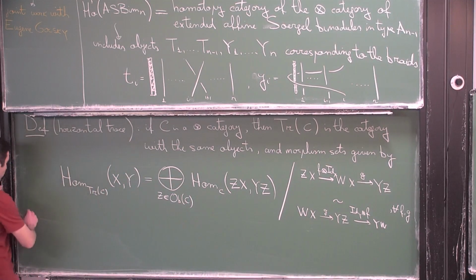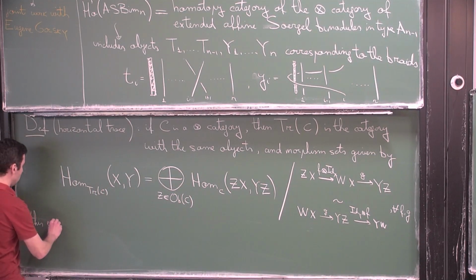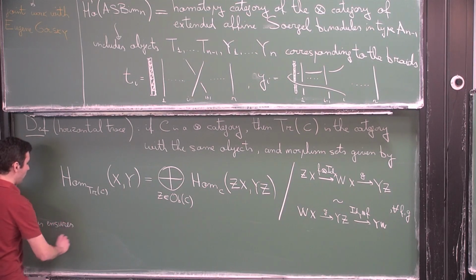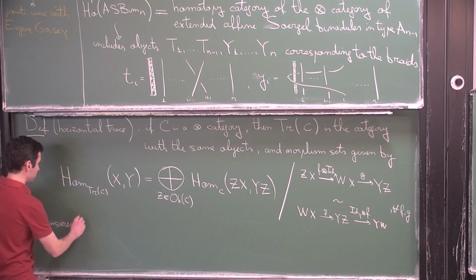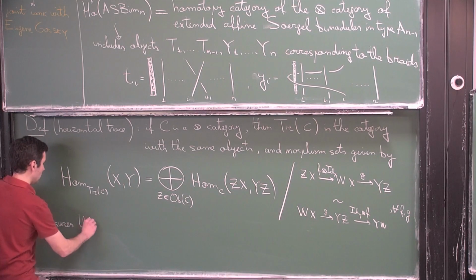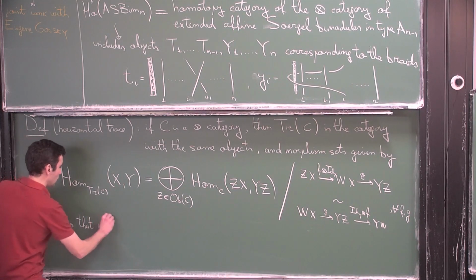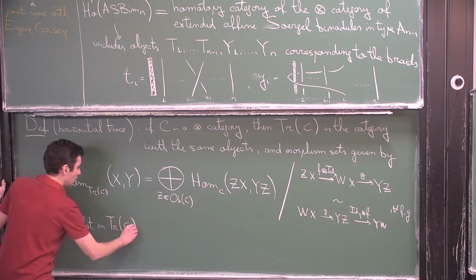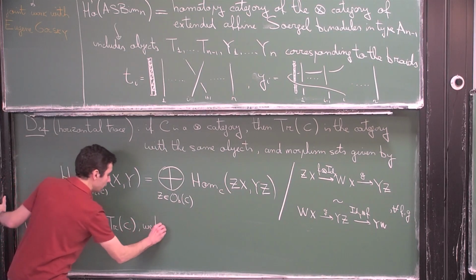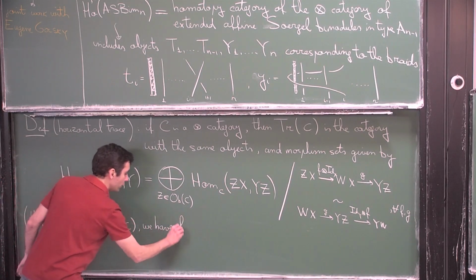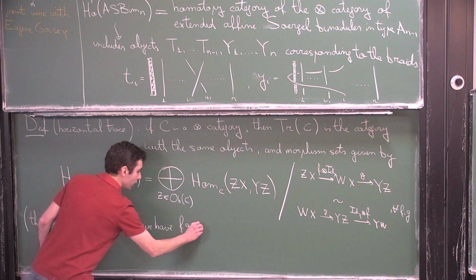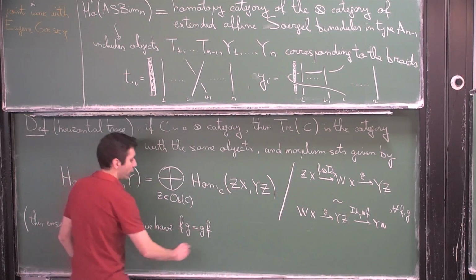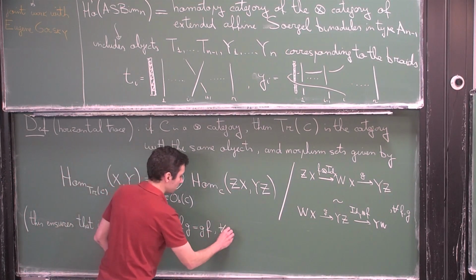And the reason you could do that is that this ensures that in the trace we have the identity which we like: FG is equal to GF for any two composable morphisms.